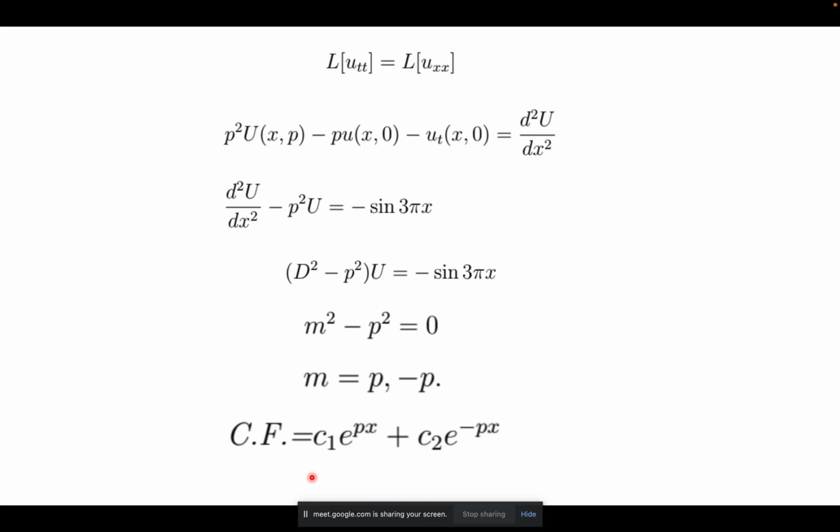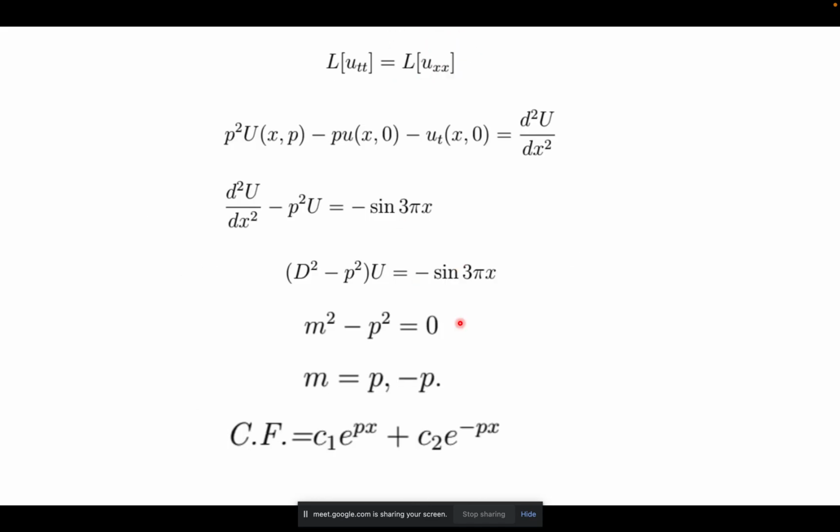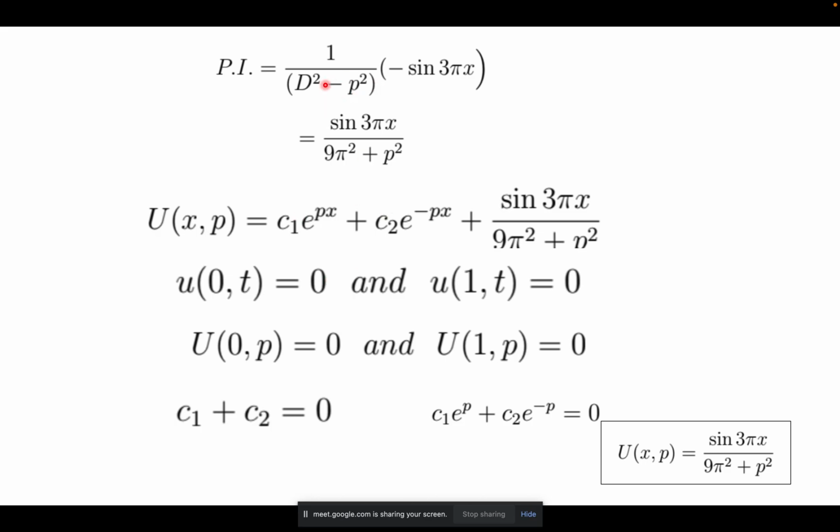Again using what you have learned in your lectures, I can write the particular integral as the function on the right hand side, which is minus sine 3 pi x, divided by d square minus p square. Then using the property, when d square acts on the sine part, you need to replace d square by minus a square, where a is the argument.